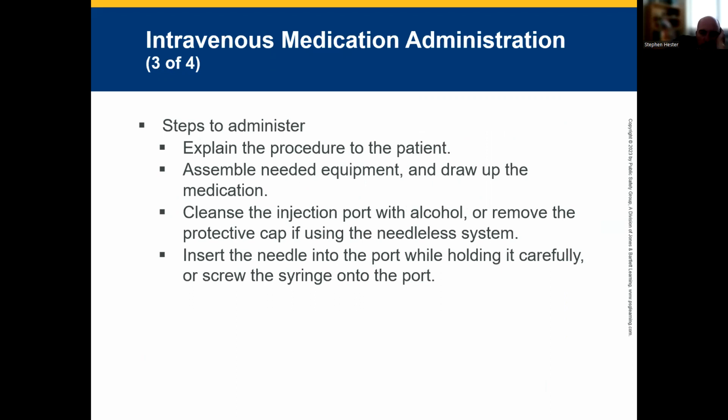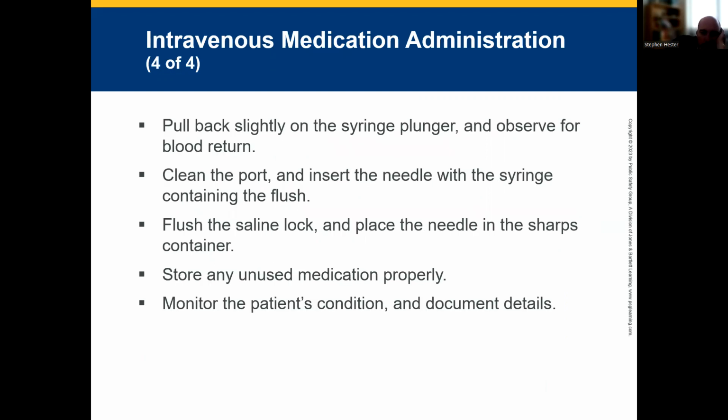So cleanse the port you're going to use with alcohol, insert it, and then make sure you pull back on the plunger. Make sure you have blood return so that you know that you're in the vessel, and then flush it, push it through.